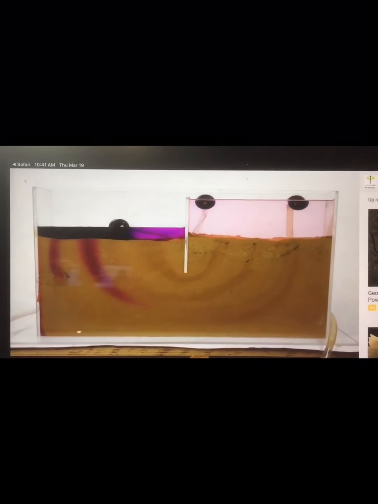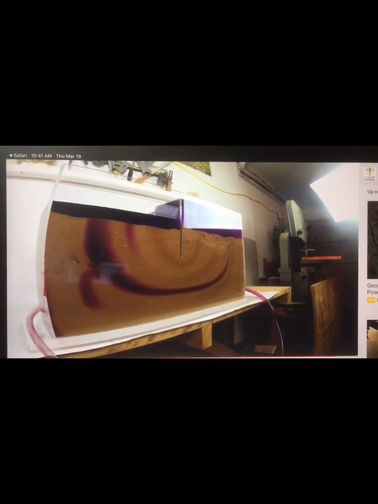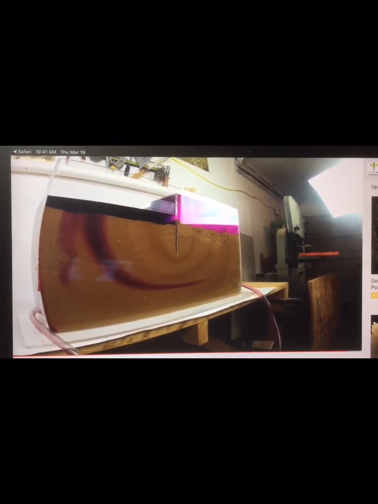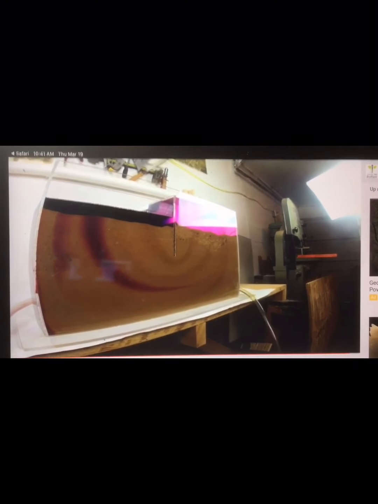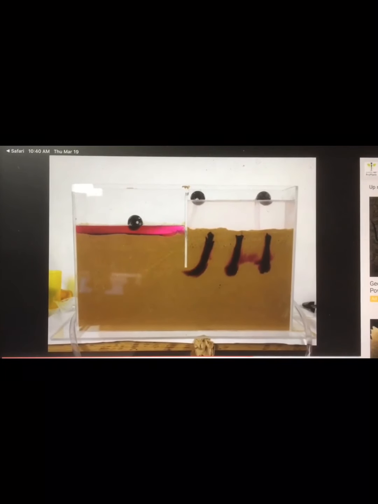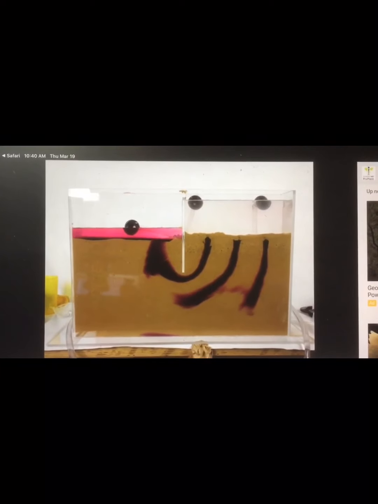But that's the concept. Notice that this is not turbulent flow. This is laminar flow. If you remember, turbulent flow is what? It's topsy-turvy and the water gets mixed up and everything like that. Laminar flow is where, I'll play it one more time, the particles of water don't cross.